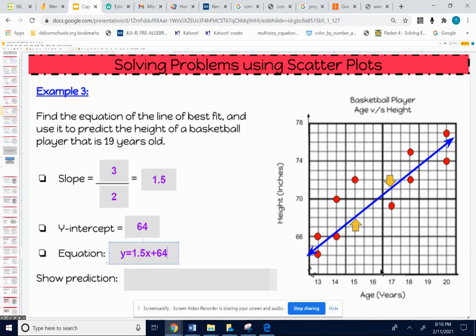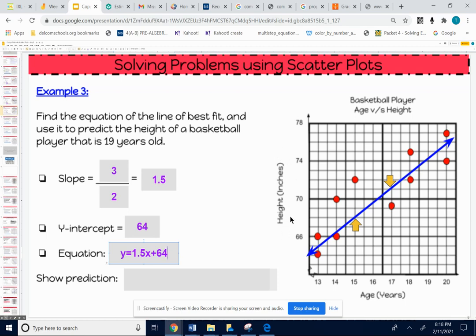Think about this for a minute. 19 years old, years is on the x-axis, so they're giving us an x value. They want us to figure out y because they're asking for height.